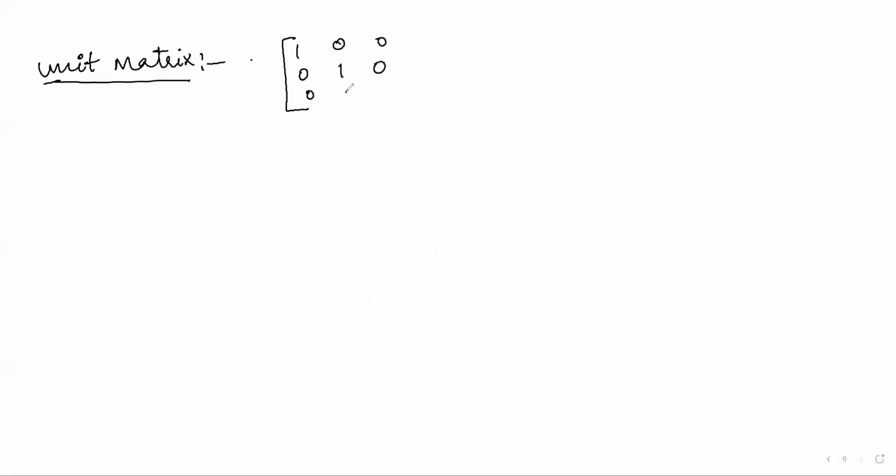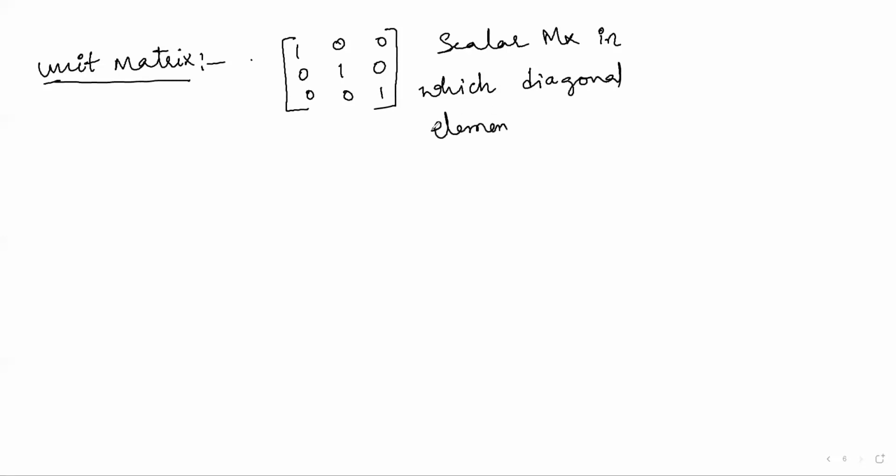Unit matrix means a scalar matrix in which all the diagonal elements are equal to 1. A square matrix. So I'll write: a scalar matrix in which the diagonal elements are all equal to 1.